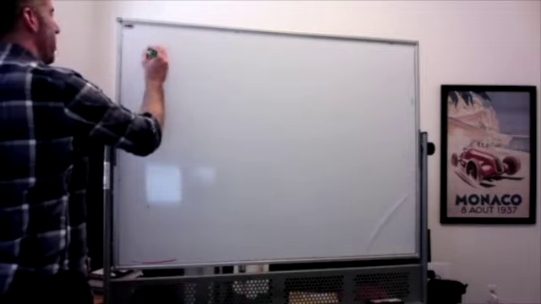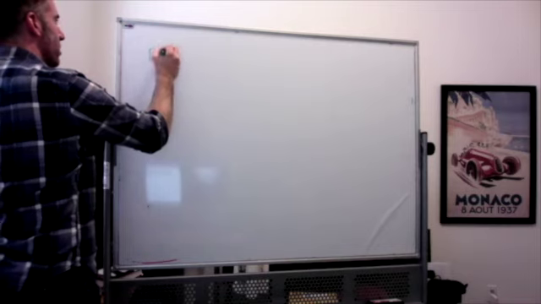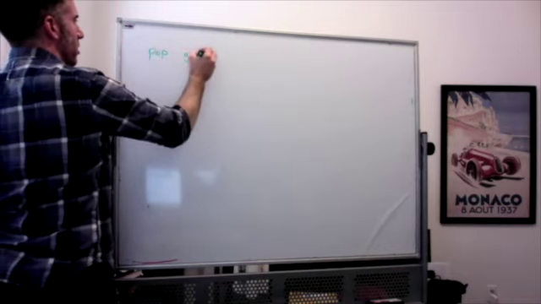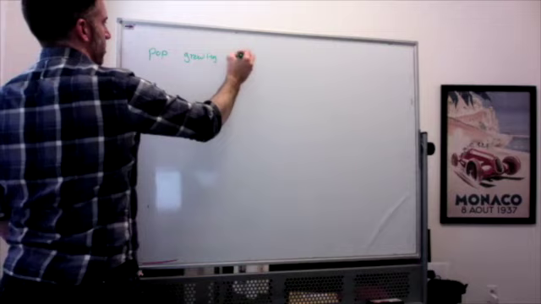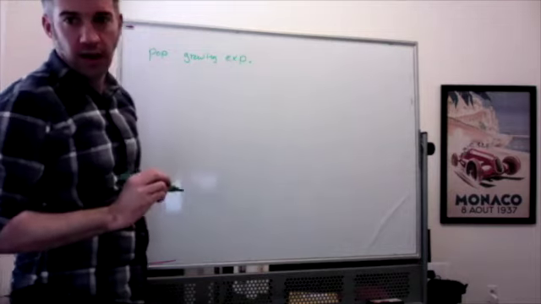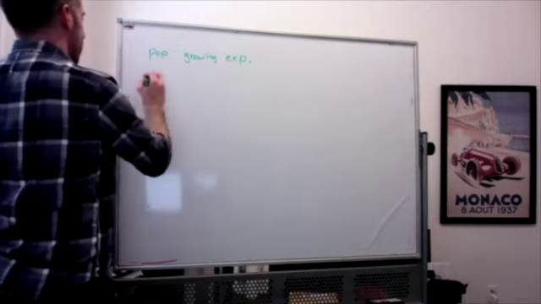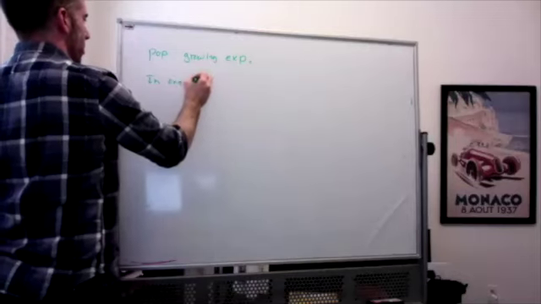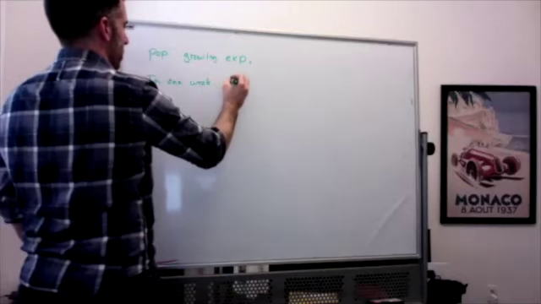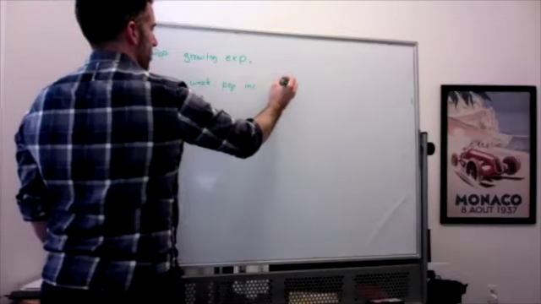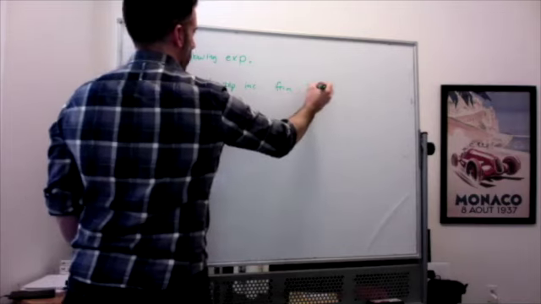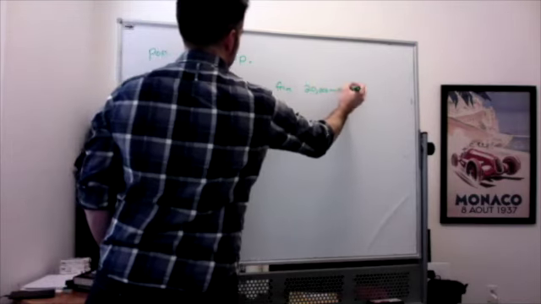So we have a population growing exponentially. And in 1 week, the population increases from 20,000 to 30,000 people.